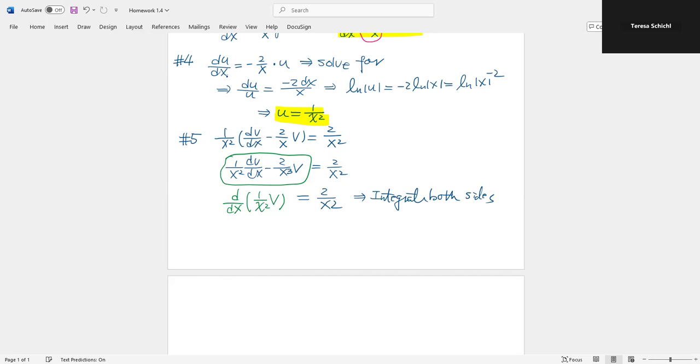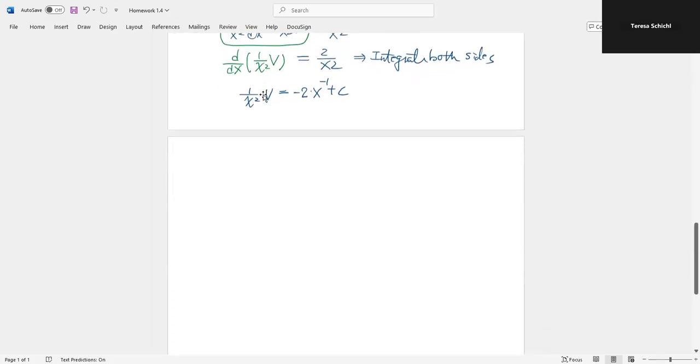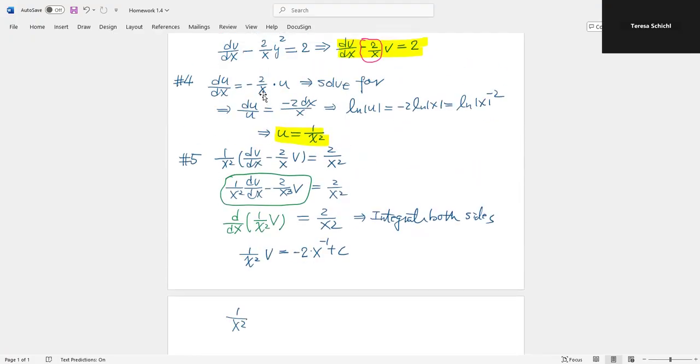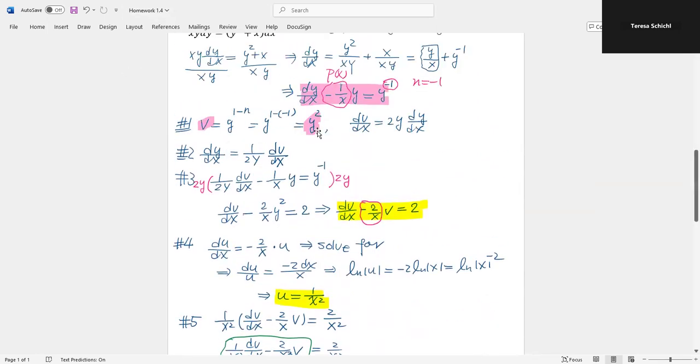So when I integrate, this is the derivative, so that will just be itself, 1 over x squared times v, and when you integrate the right side, it's negative 2 times x to the negative 1, plus c. Now, the v we defined in the very beginning is y squared.